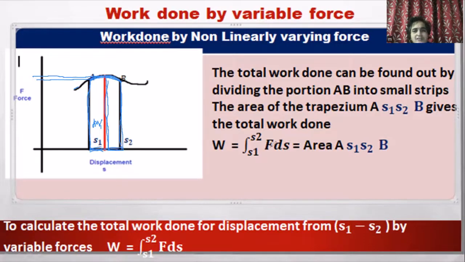And total work done will be F dot ds, so basically integration gives the area under the curve. That is why we can use integration to find out the work done. And the limits will change from s1 to s2. So work done by the variable force can be found out by finding the area under the graph of F against displacement. So that gives you the work done by a variable force.